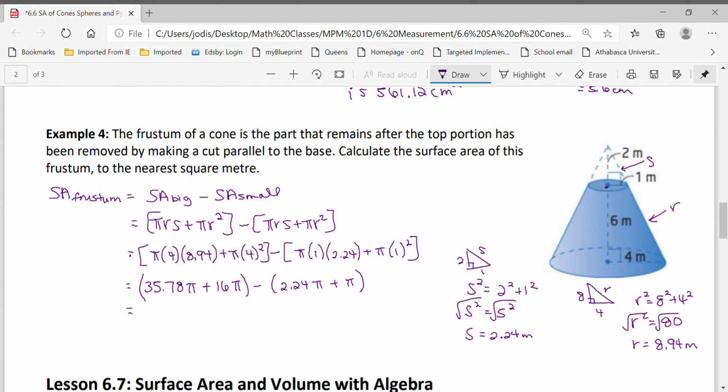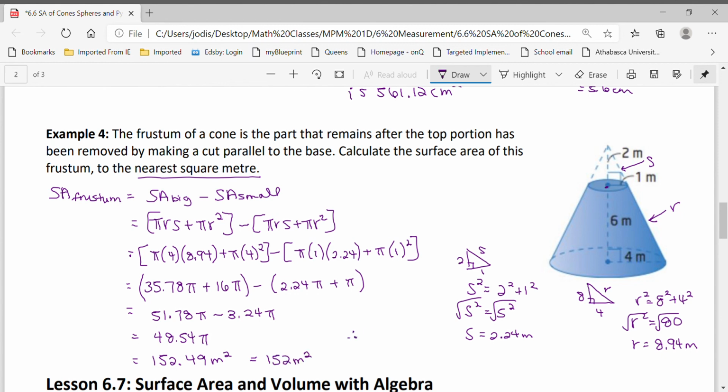So then this is 51.78 pi minus 3.24 pi. And we get 48.54 pi times pi, 152.49 meters squared, but they wanted this to the nearest square meter, so I would call this 152 meters squared.